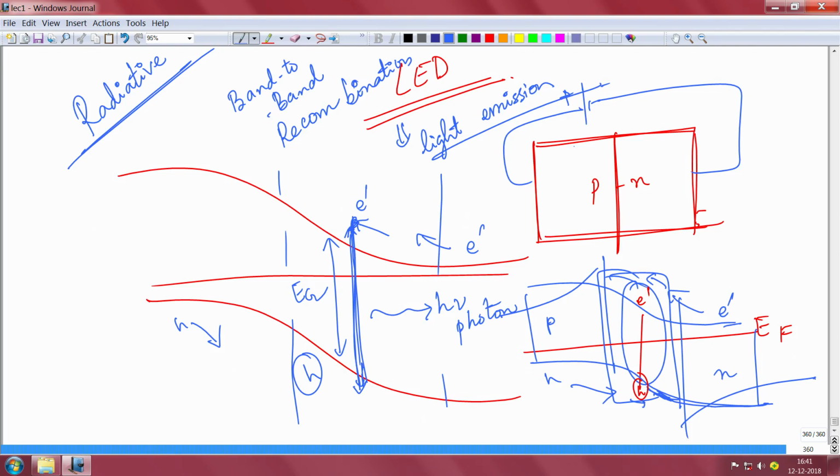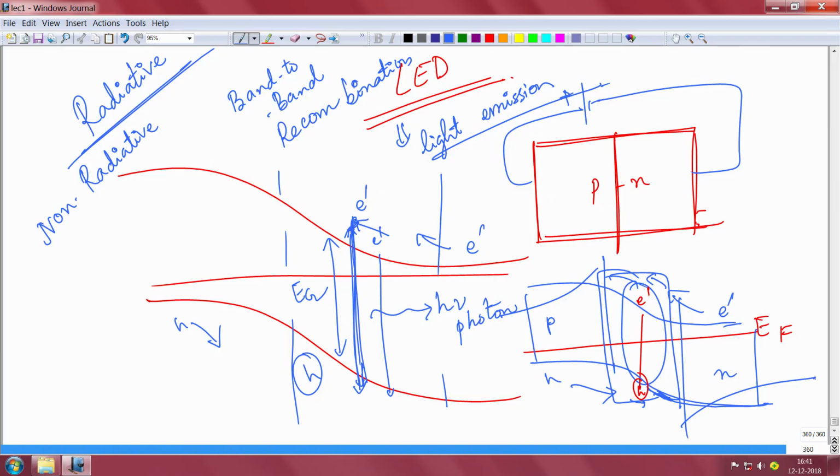Okay. Please remember that recombination has to be radiative and band to band. The reason I am stressing this so much is that there could be non-radiative recombination also, which means an electron and hole might recombine from the conduction and valence band, but the energy is not released as a photon. It is released in the form of heat to the phonons, the lattice vibration, or other things.